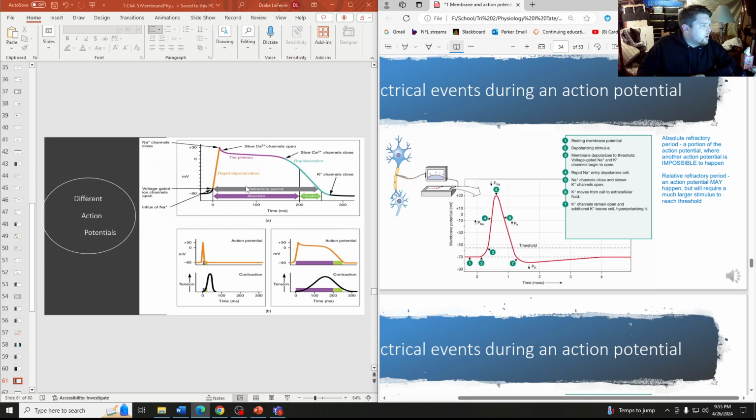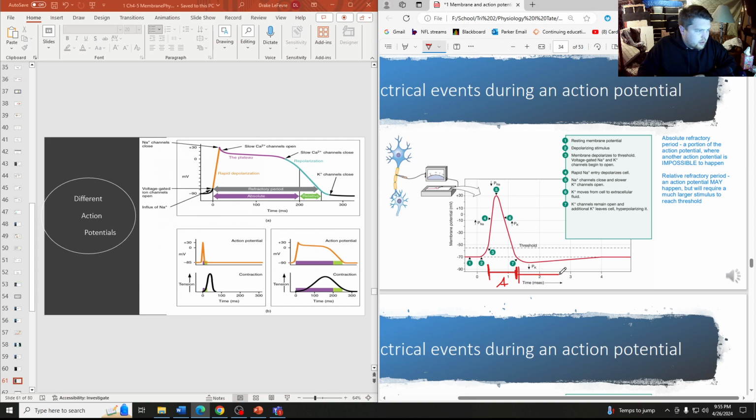So yes, this whole refractory period, absolute versus relative. Same here. I would mark it from as soon as we hit threshold to right here. This is our absolute refractory period.